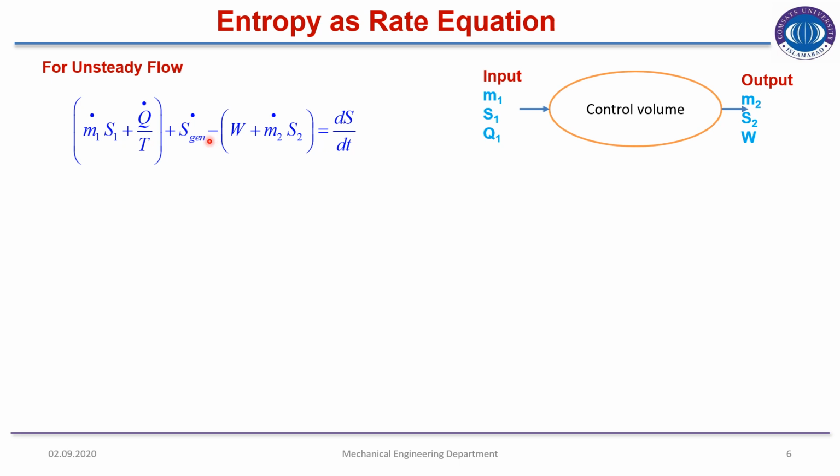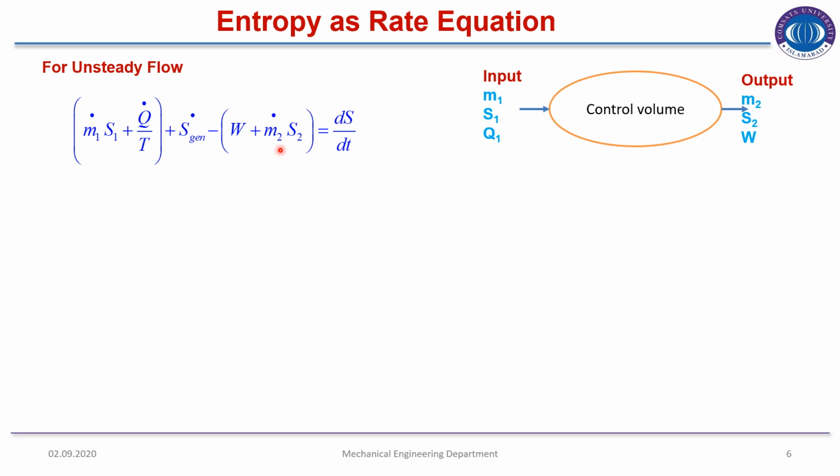The negative sign represents that these properties are exiting the system. So minus is because W dot is the work at the outlet, plus m dot 2, the mass flow rate at the exit, s2 is the entropy at the exit.